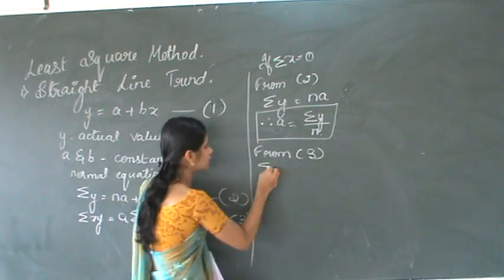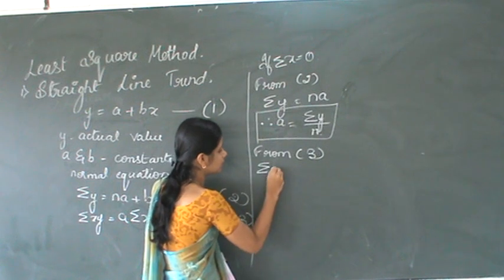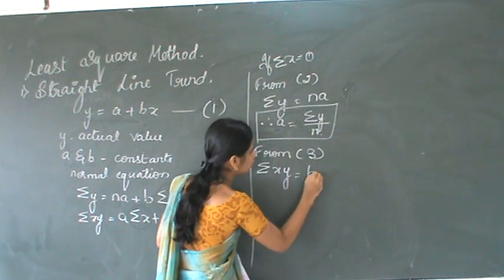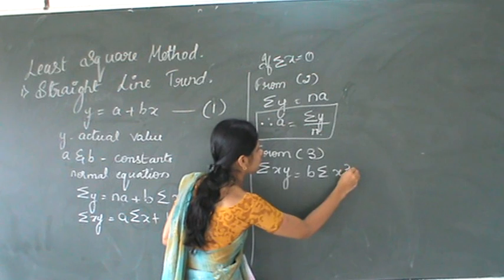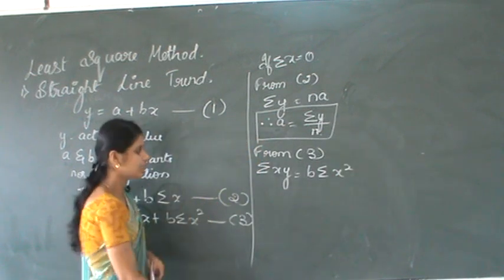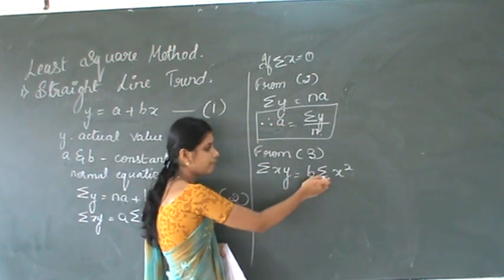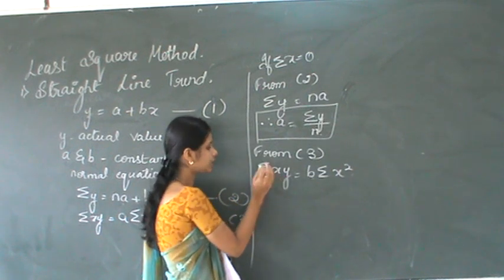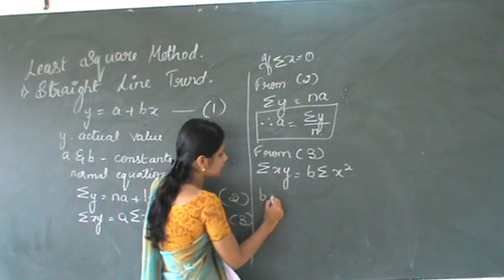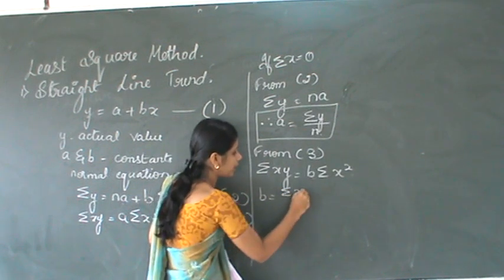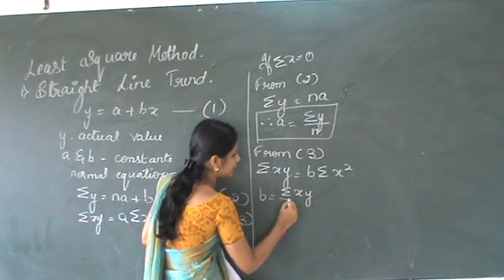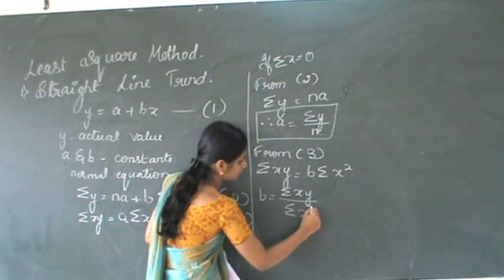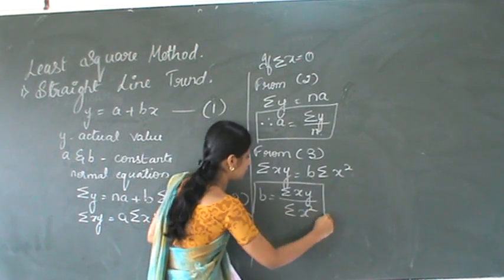From this we can find the value of b. When we take summation x square to the left hand side, it becomes divided by. So b is equal to summation of xy divided by summation of x square.